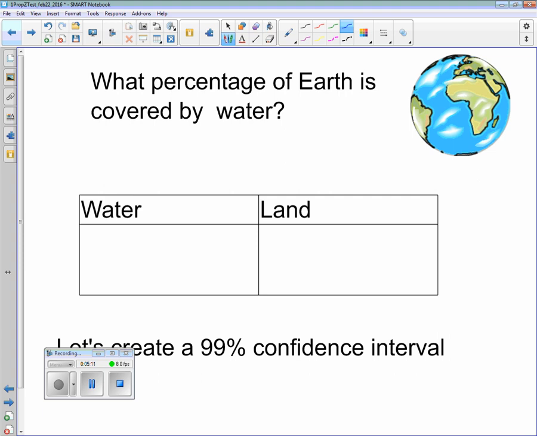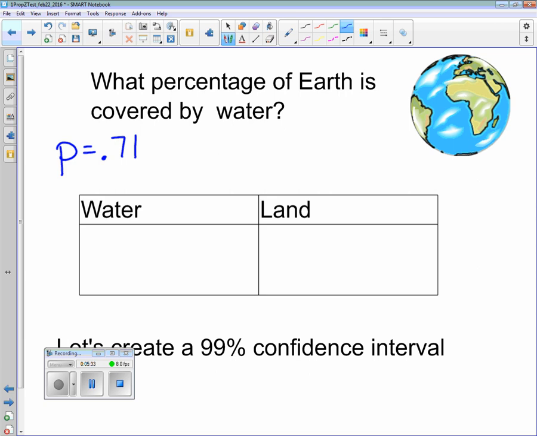Since that's the claim of the geographical society we looked at, it's the population parameter. The symbol for that is P, so P equals 0.71. That would be the claim, the status quo.